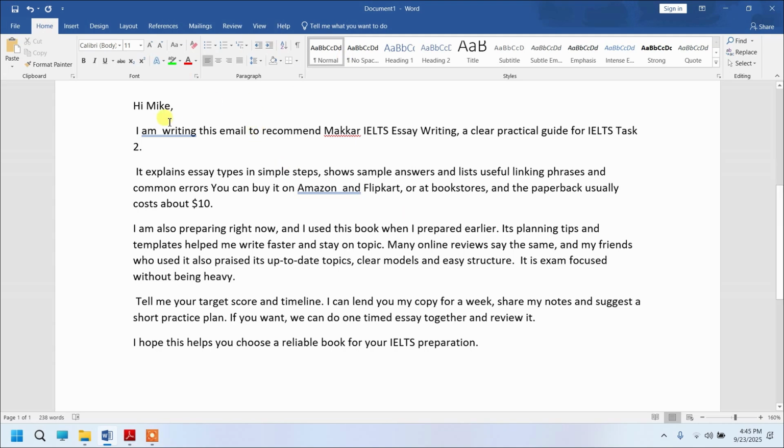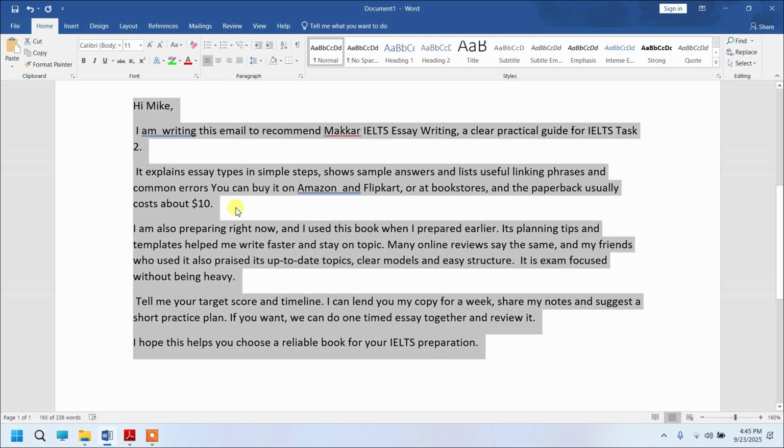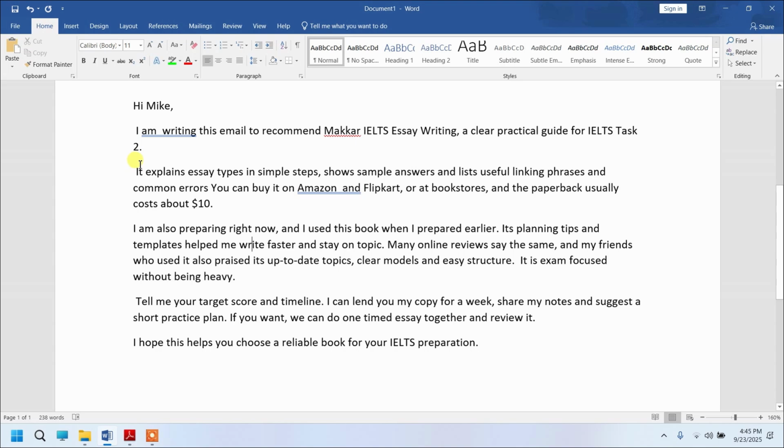Let me check how many words are there. As of now, 165. I can say, since you are preparing for the IELTS exam, I'm suggesting the Makkar IELTS essay writing book because it explains essay types in simple steps.